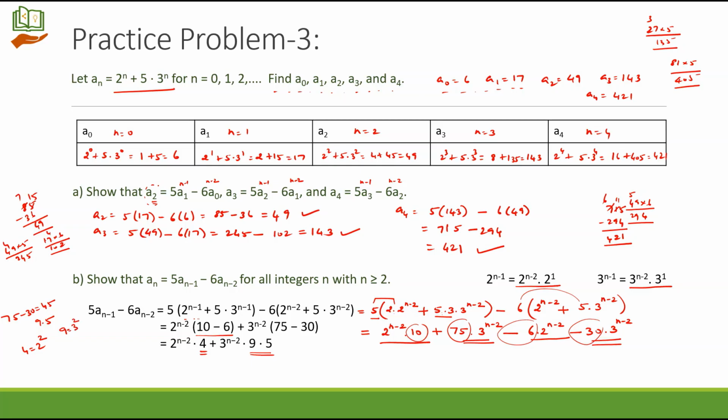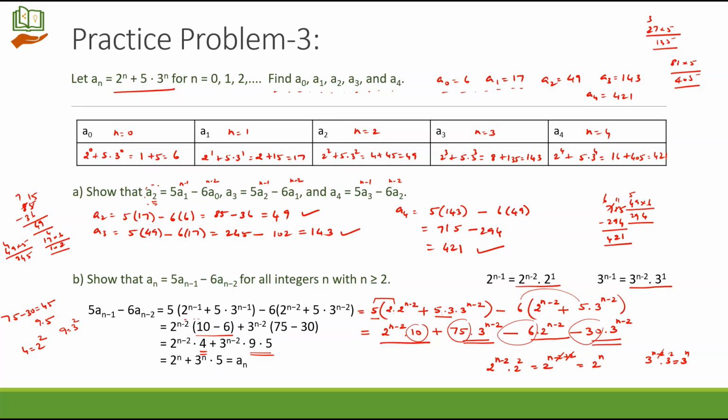When you have 2 to the power of n minus 2 into 2 power 2 together, this will become 2 to the power n minus 2 plus 2. Plus 2 and minus 2 will get cancelled and ultimately you will get 2 power n. Similarly, when you have 3 power n minus 2 into 3 square, this 2 will get cancelled and you will finally have 3 power n.